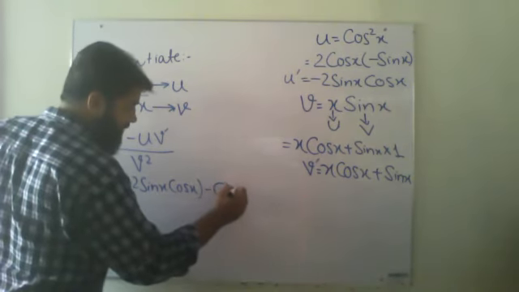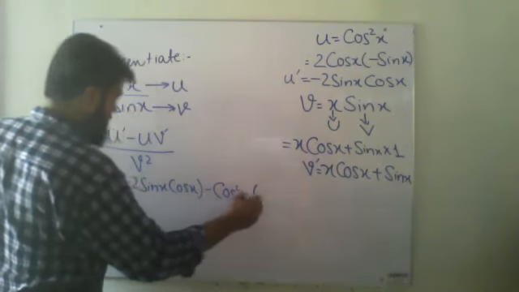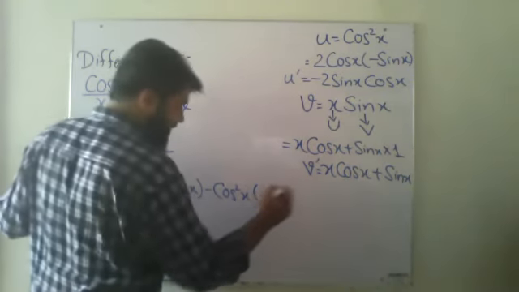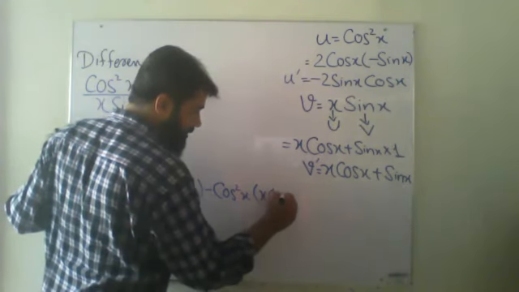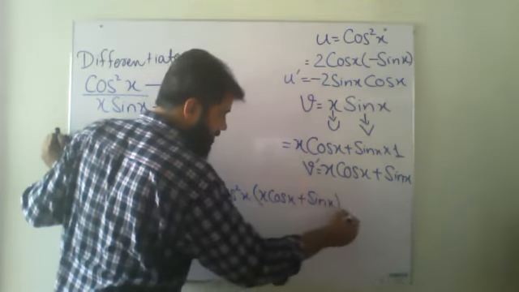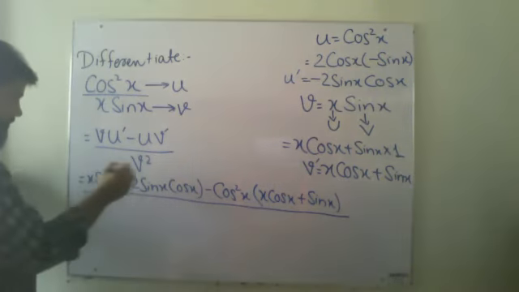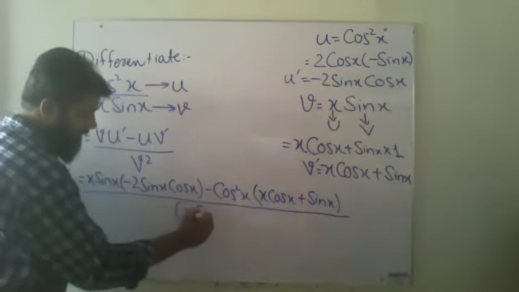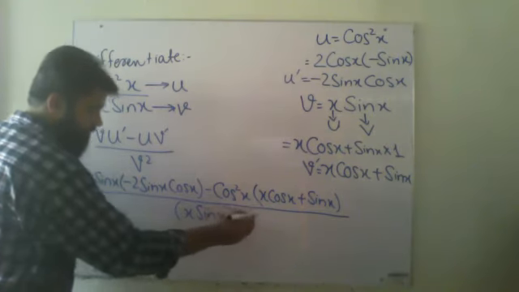Cos square x. U is cos square x, and v differential will be x cos x plus sin x, over v square. So what is v square? x sin x whole square.